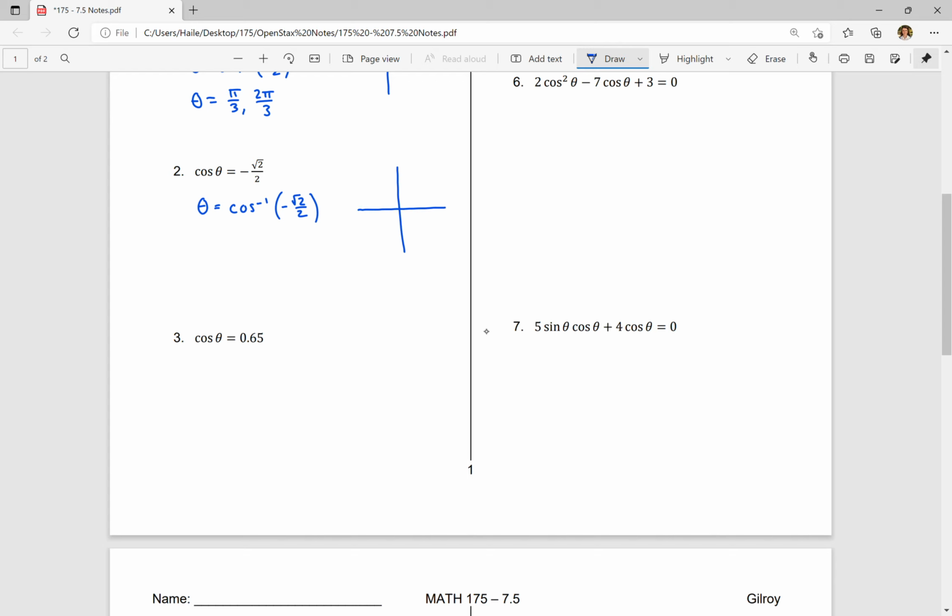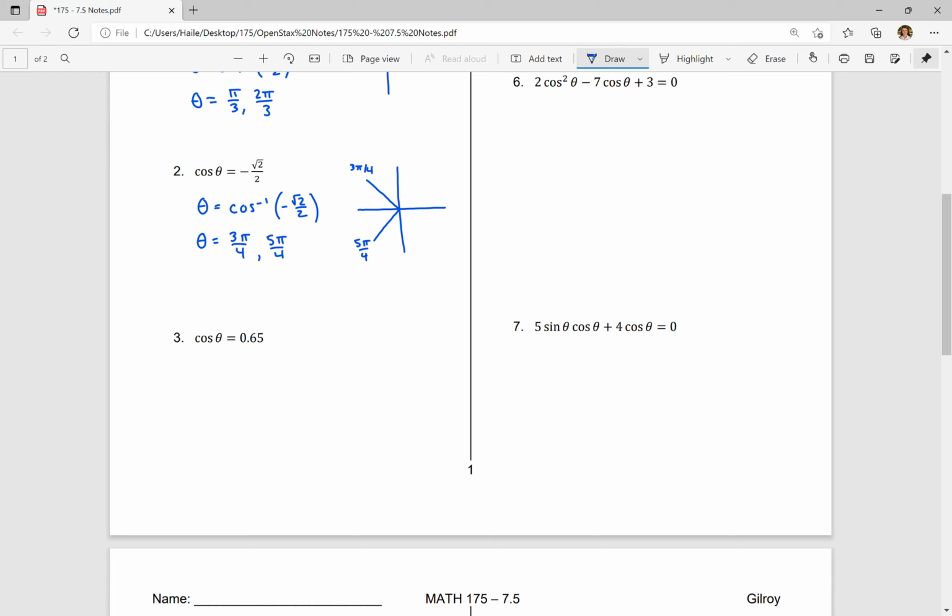So negative cosines are going to be in quadrant 2 and quadrant 3. And a cosine of root 2 over 2 tells us that we're going to have a denominator of 4. So the angle with a denominator of 4 in quadrant 2 is 3 pi over 4. And in quadrant 3, we have 5 pi over 4. So those are our two answers. We have theta is equal to 3 pi over 4 and 5 pi over 4.